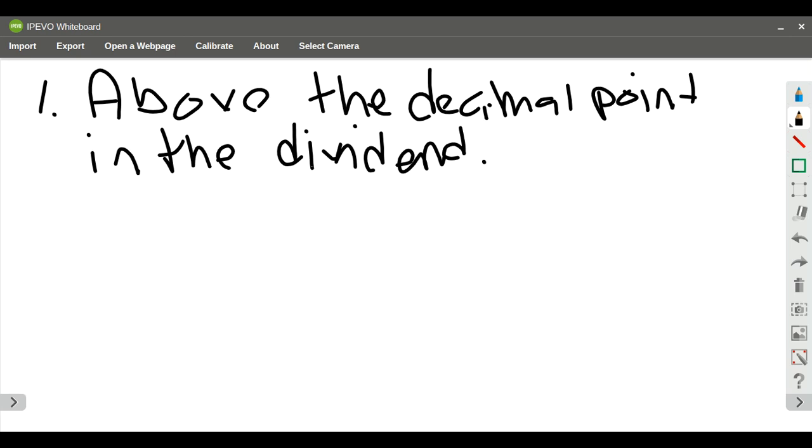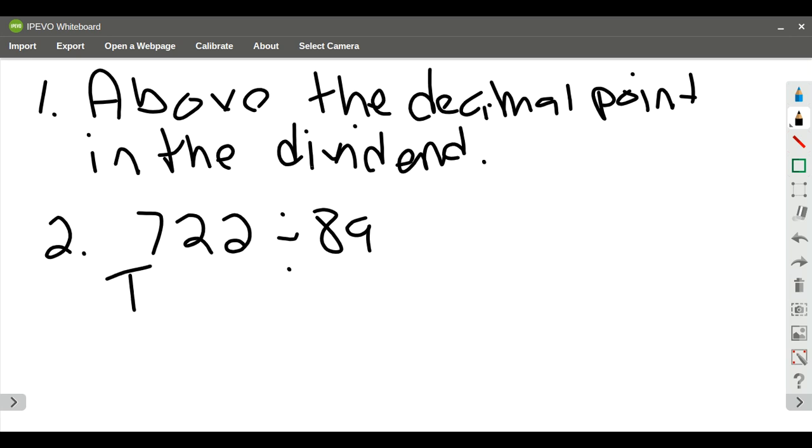Okay. Number 2 says, how would you estimate the quotient of 722 divided by 89? So what I would do is I would find compatible numbers. So to estimate, I use compatible numbers.